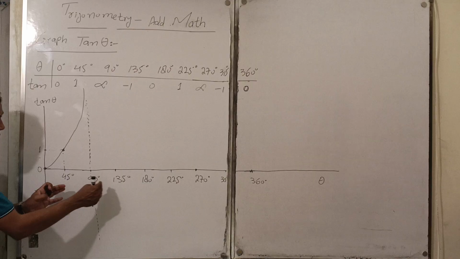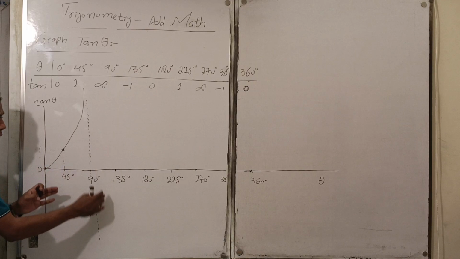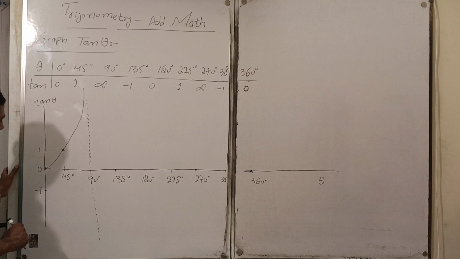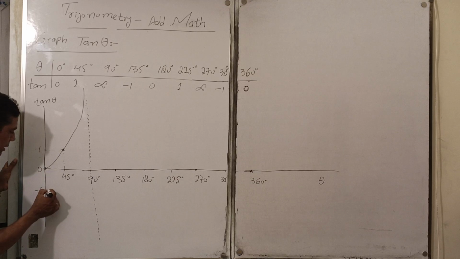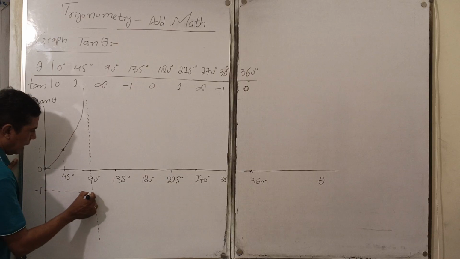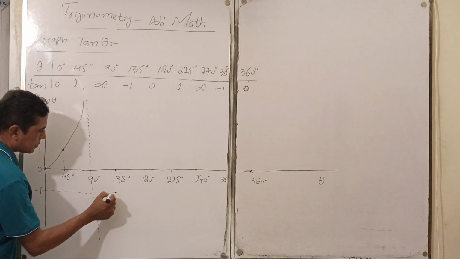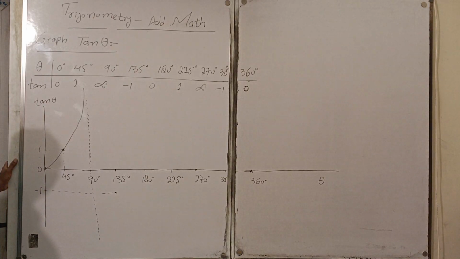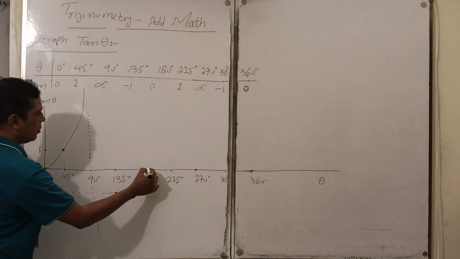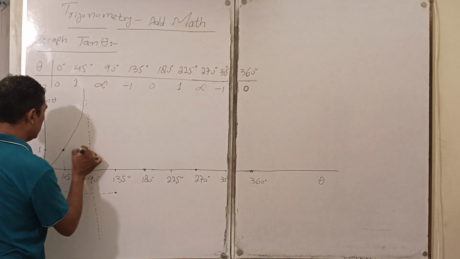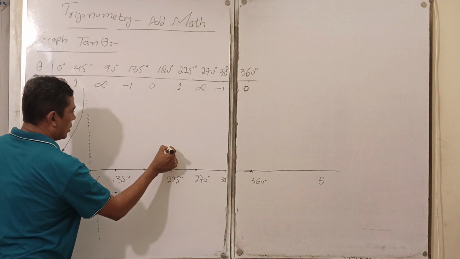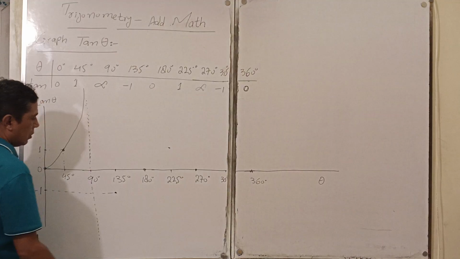Because they help decide whether the next value will be positive or negative. Now look, at 135 the value is minus 1. The next value is 0, and the other value is 1.